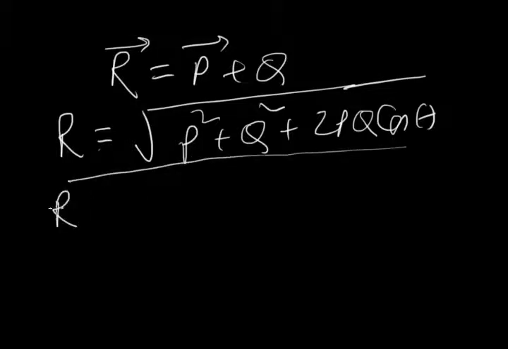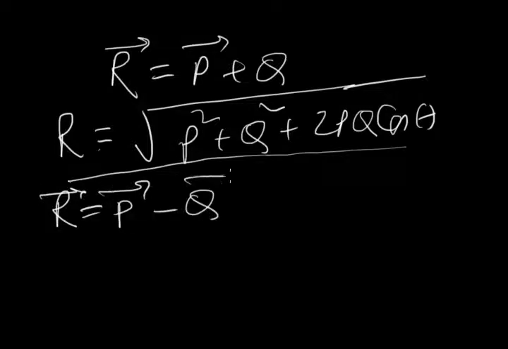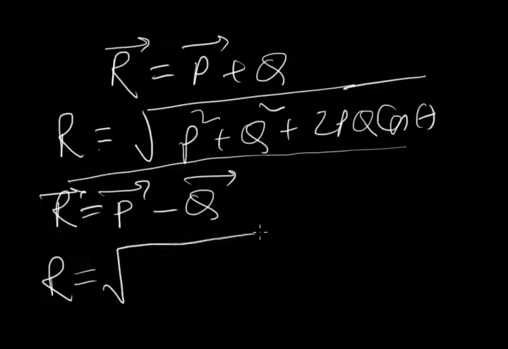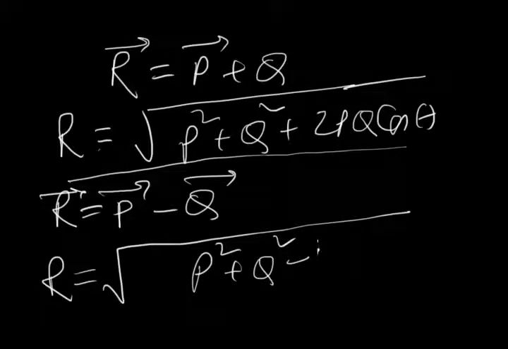Similarly, when I ask you what is R of P minus Q, you should know that R is equal to root over of P square plus Q square minus 2PQ cos theta.